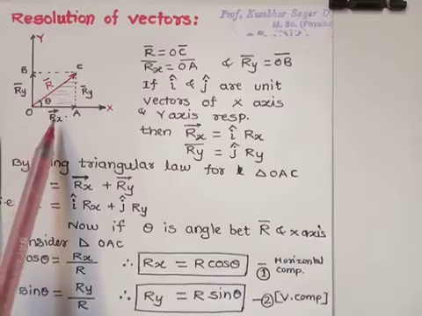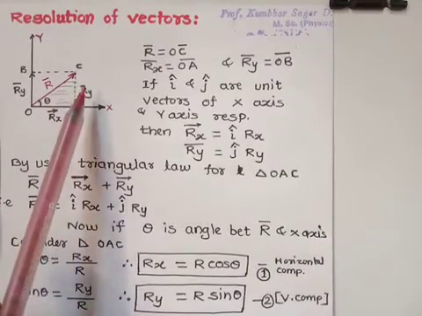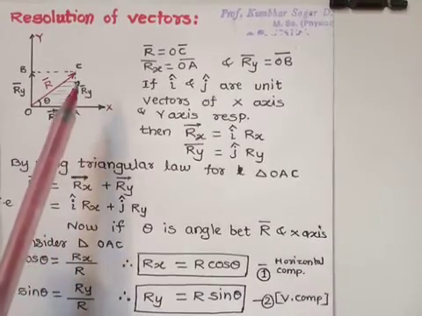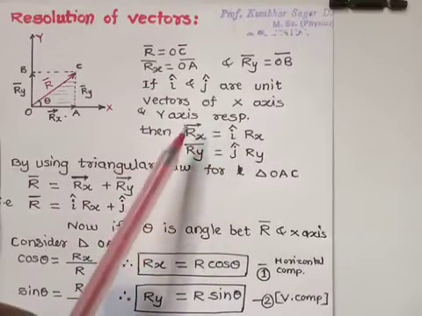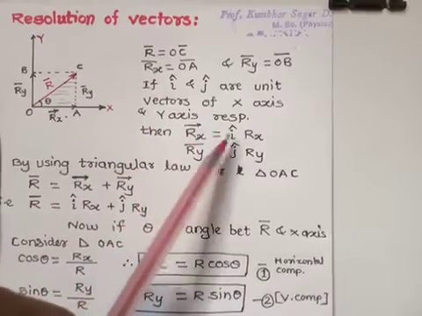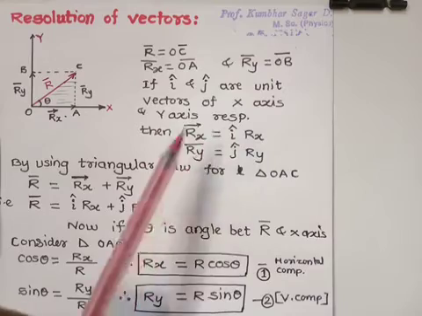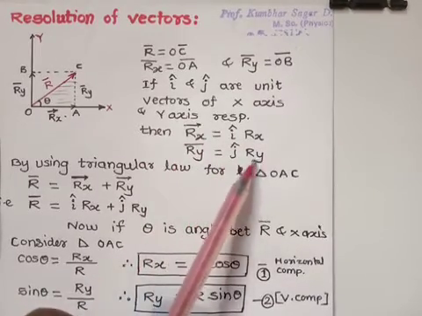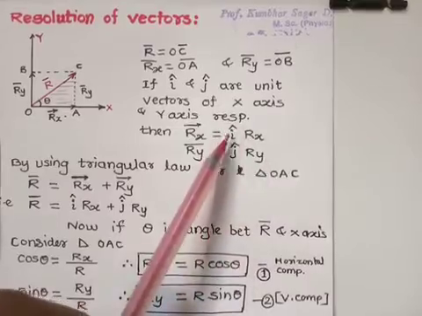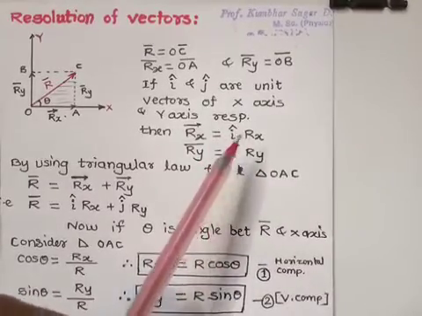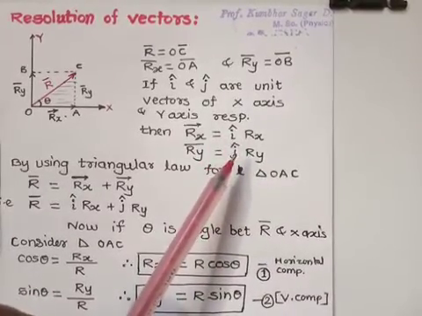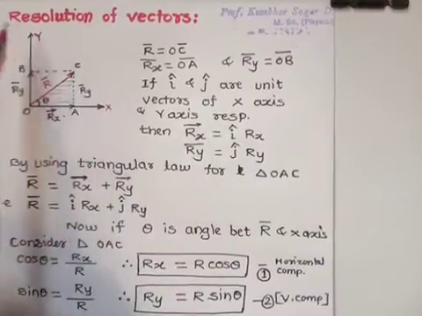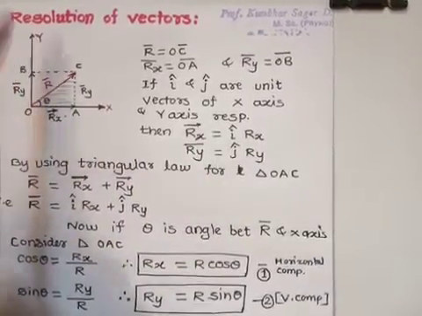Hence, Rx bar and Ry bar are represented as Rx bar equals i cap Rx and Ry bar equals j cap Ry. Means i cap and j cap are rectangular unit vectors of the x-axis and y-axis.